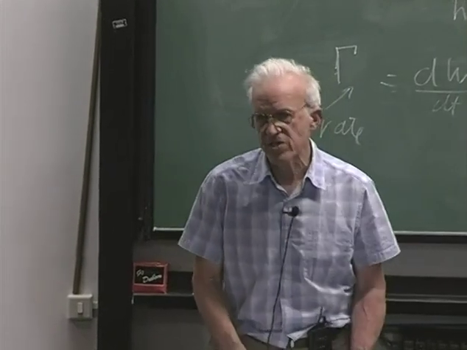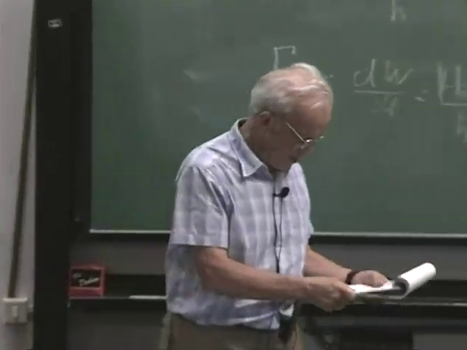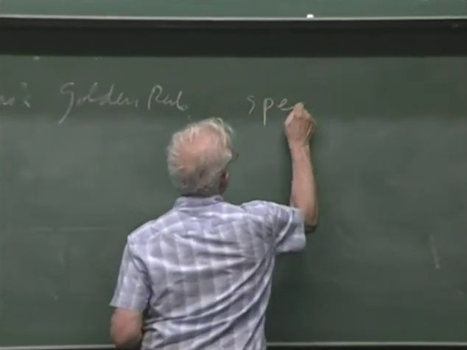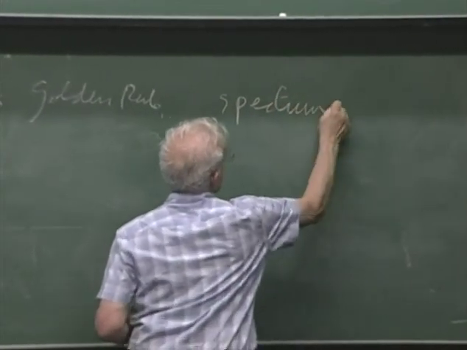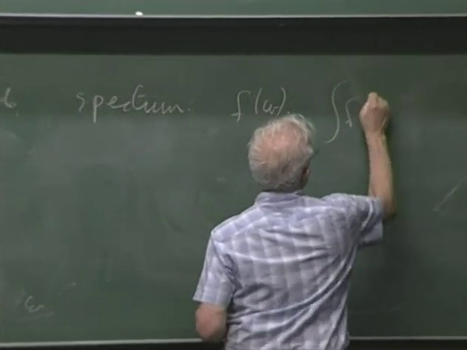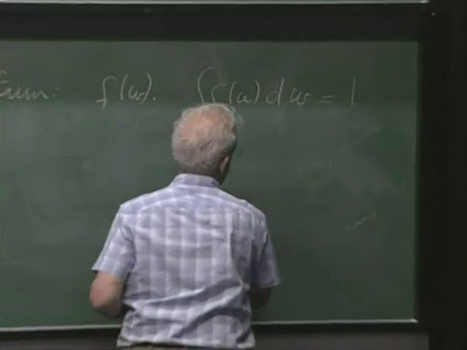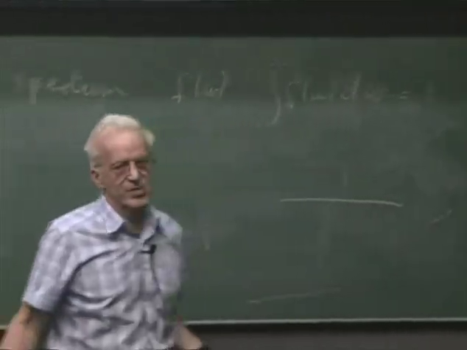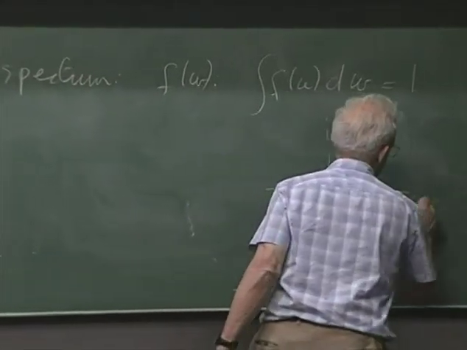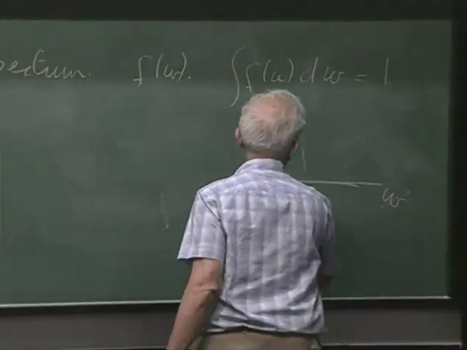The most common situation is when you have a spectrum described by some spectral distribution function. For instance, suppose the spectrum is described by a normalized distribution function such that the integral of f(ω) dω is equal to 1. Typically, the most common one is a Lorentzian curve, but it could be anything. Here is ω, here is the transition frequency that we want, ω₀.